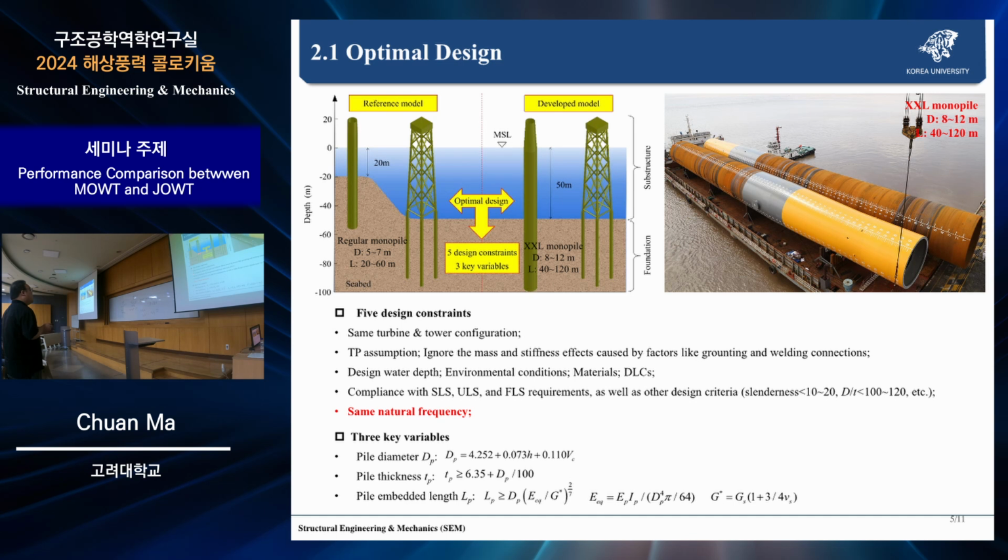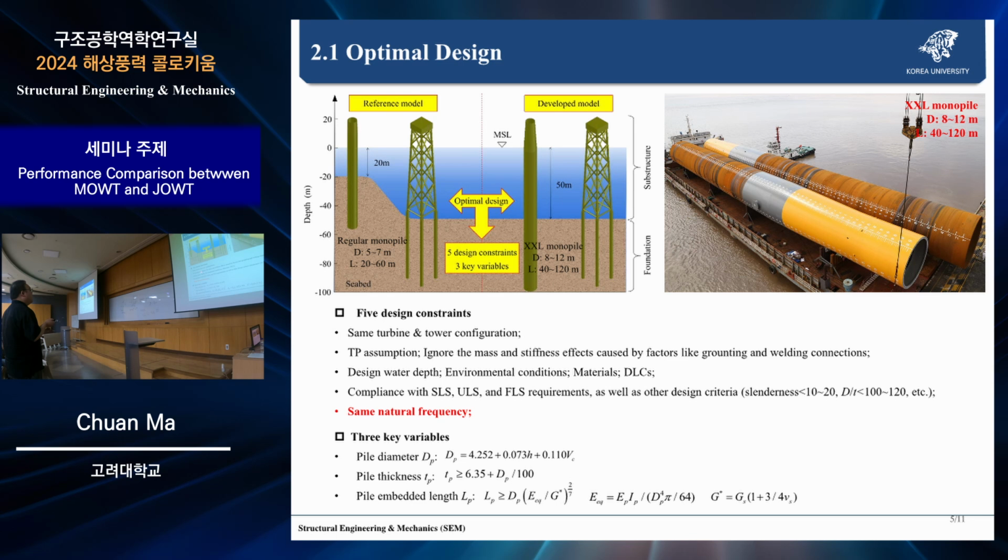We also propose 5 design constraints and 3 key variables to make an optimized design for the offshore monopile wind turbine in transitional waters. For the 5 design constraints, first we need to keep the same turbine and tower configuration.